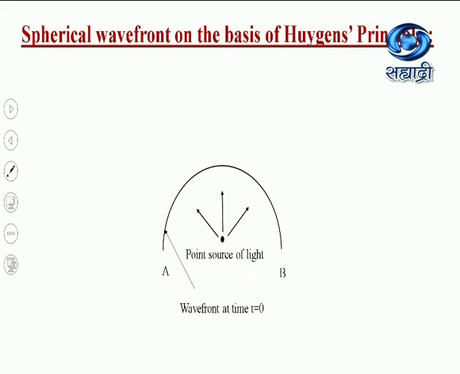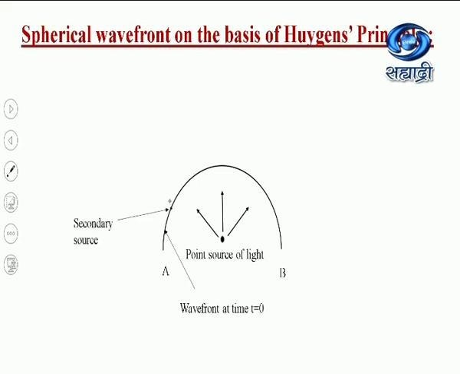Now according to Huygens principle, every point on this wavefront acts as the secondary source of light and it emits the waves which are called as secondary wavelets, and as they are point sources, they emit secondary wavelets which are nothing but spherical wavefronts or spherical wavelets.